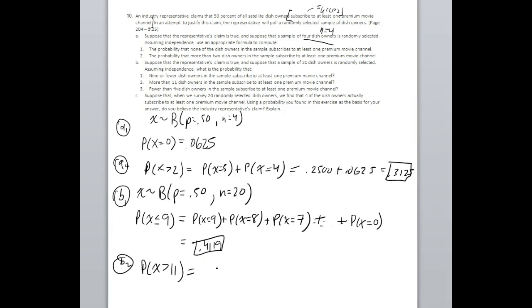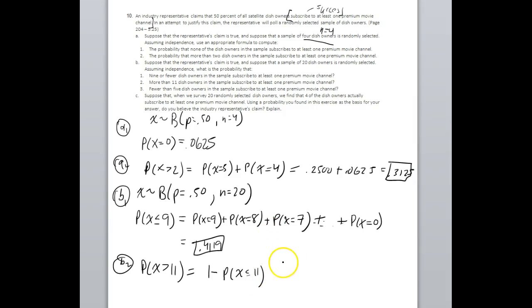Or you could go like this and say, well, the probability that x is greater than 11 is 1 minus the probability that x is less than or equal to 11.